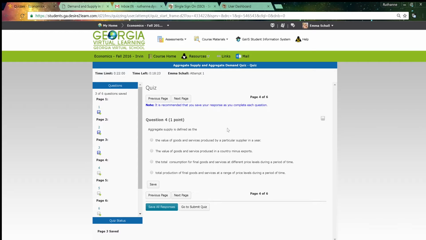So we know that it's not this one. It's not a particular supplier. And we know that it's not this. It's not minus exports because minus exports would be gross. We know that it's not here because it's not during a period of time. So it's going to be your total consumption.